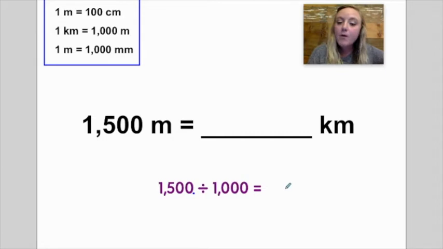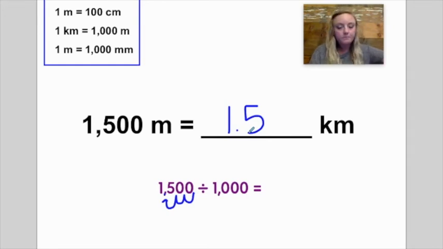Since we're dividing by 1,000, that's 3 groups of 10. Those 3 zeros can tell me I can move my decimal point 3 places to the left. I'm using division, so I'm going to the left. That puts my decimal point right here, which gives me 1.5 kilometers. And if you wanted to, you could even check that division with multiplication if you're more confident in multiplication.